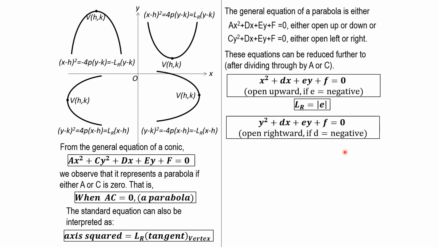So I hope that you can recall that. Then other properties of parabola, we have here the squared property of a parabola. So latus rectum is absolute value of d for this case.